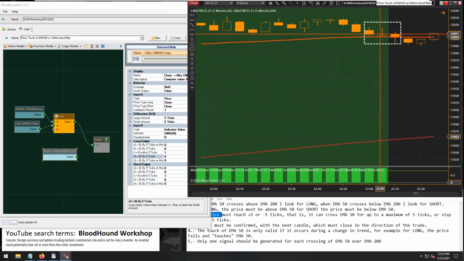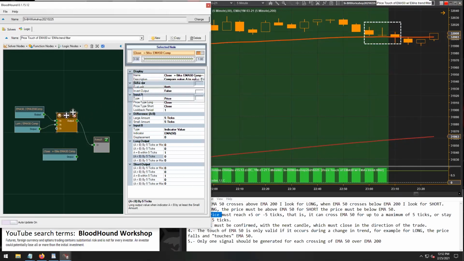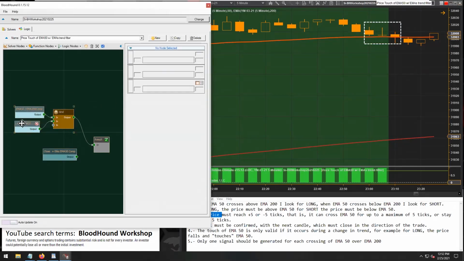So here's a good illustration. For 2 of these bars, the low is above the EMA50, but on this third bar here, this is a great example where the low actually penetrates through the EMA50, and there's no output coming from our little filter here.